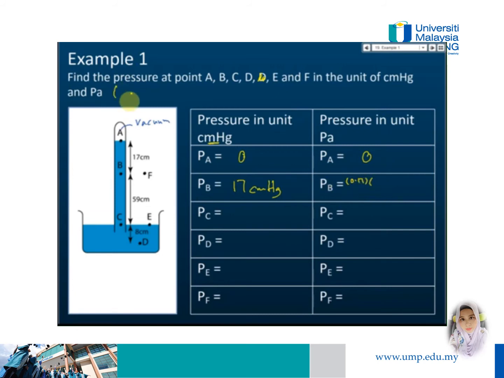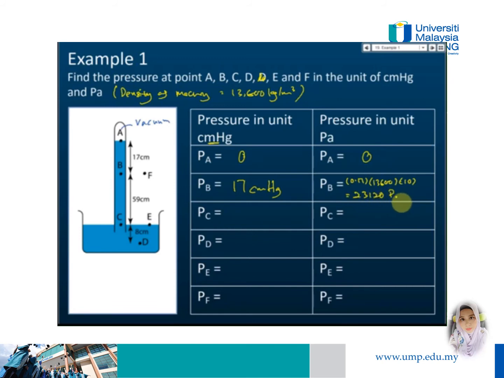The density of mercury is 13,600 kg per meter cube. So multiply by the density 13,600 and then multiply by g, 10. Then you get your answer. The pressure at B in Pascal is 23120.